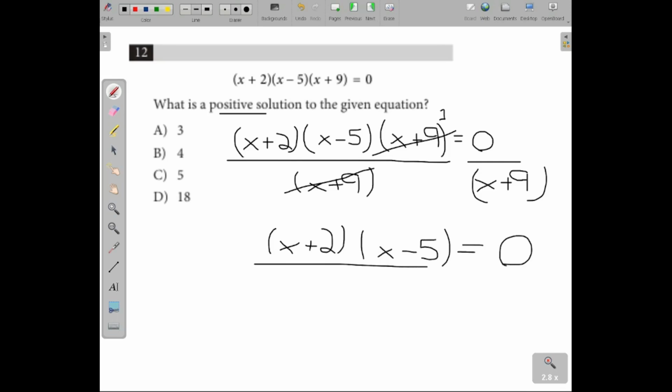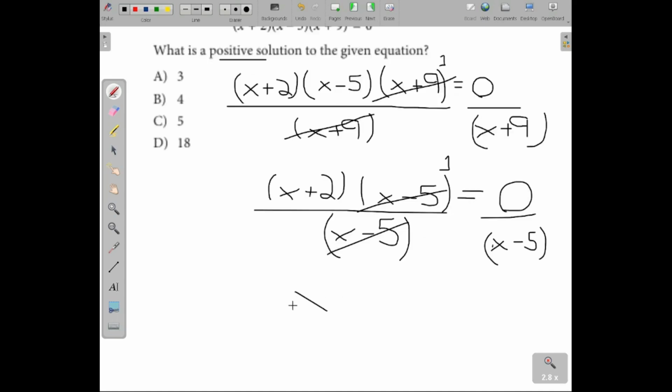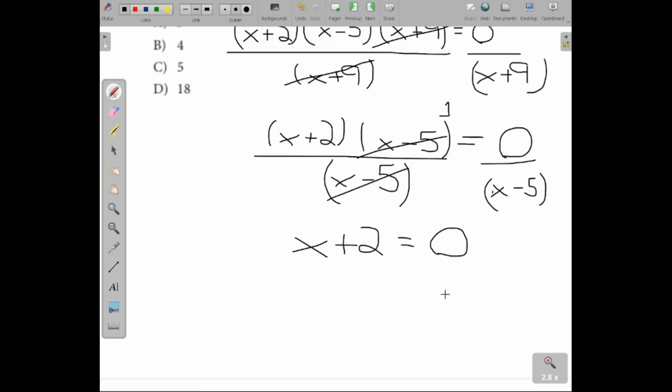We can divide again to get rid of this x minus 5. Again, x minus 5 divided by x minus 5 will become 1, and 1 times x plus 2 will be x plus 2 equal to 0 divided by x minus 5, which is 0, and that way we'll find that x is equal to negative 2.